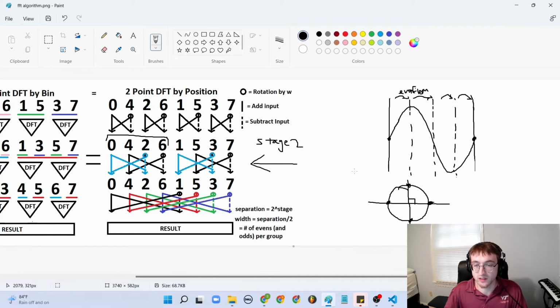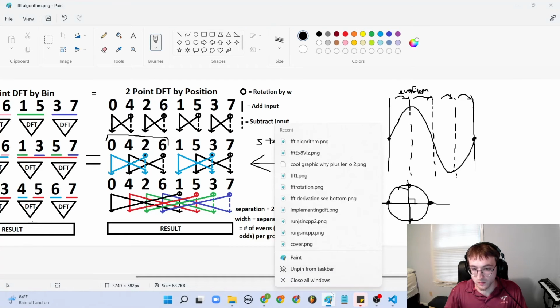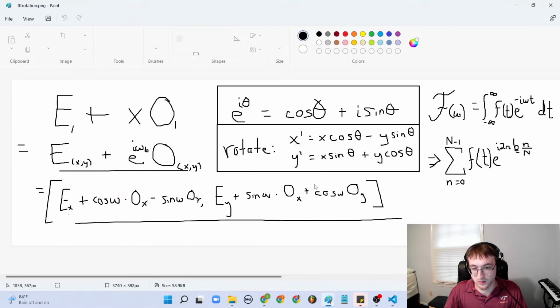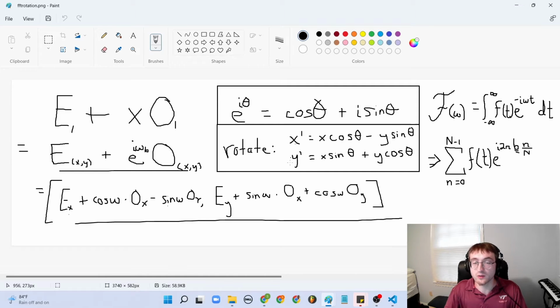And what is the benefit of that? Well, we know the rotation formula. And let's see if I can pull it up here. Yep, here it is. Right, x cosine, this is how you rotate by any theta.